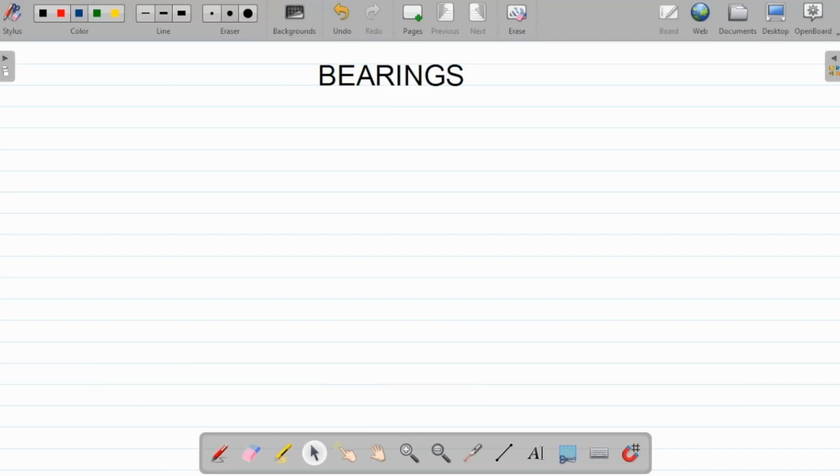So it's going to be from the north, and you know where the north is. When we draw something like this, let's assume these are the cardinal points of a compass.